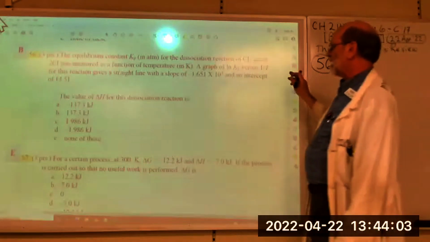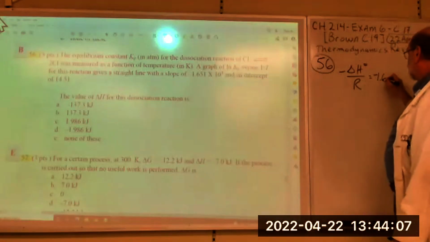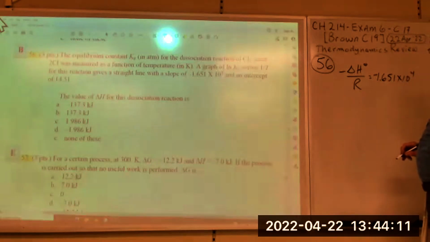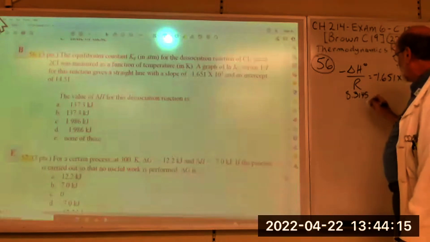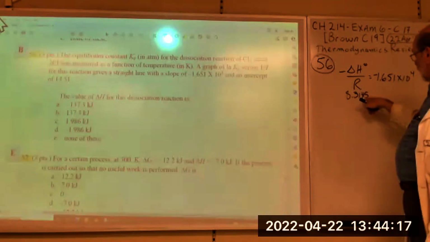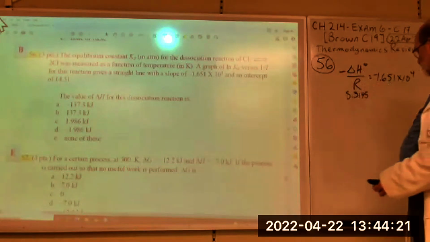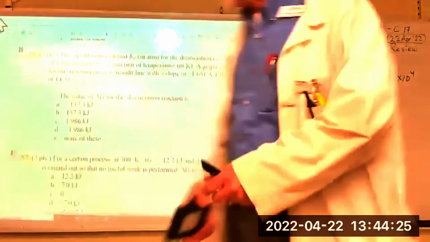And the slope of the line is minus 1.651 times 10 to the 4th. So this one's going to be 8.3145. And we just need to multiply this one times that one and change the sign. Just eliminate that negative sign, and that will give us our delta H.